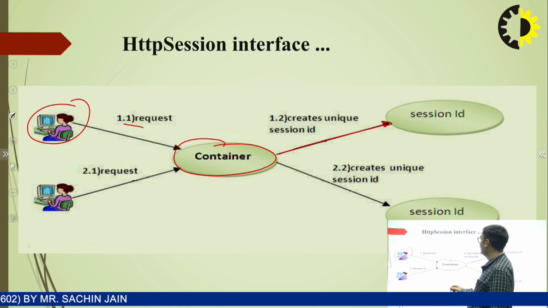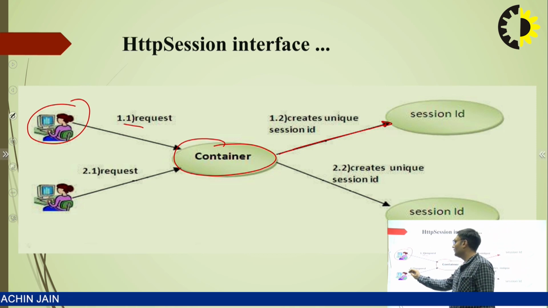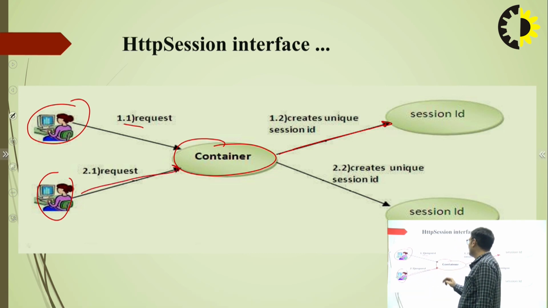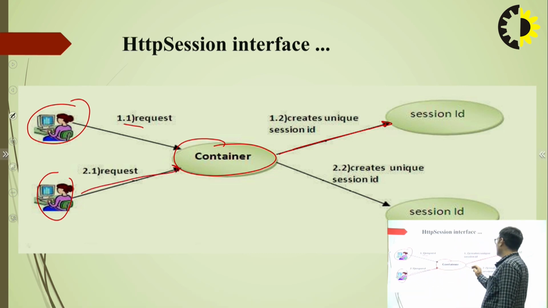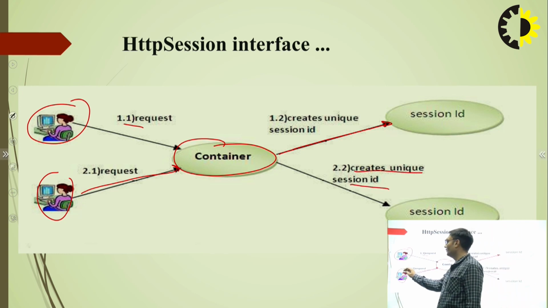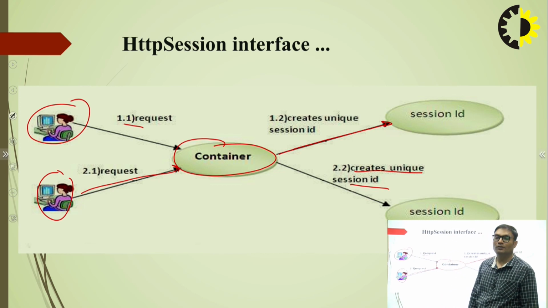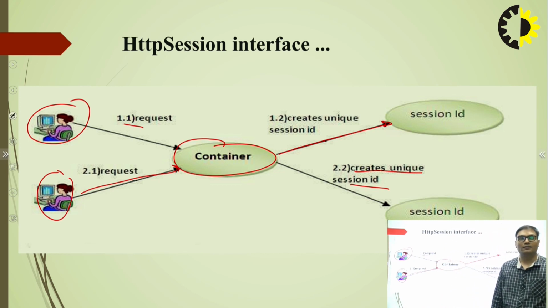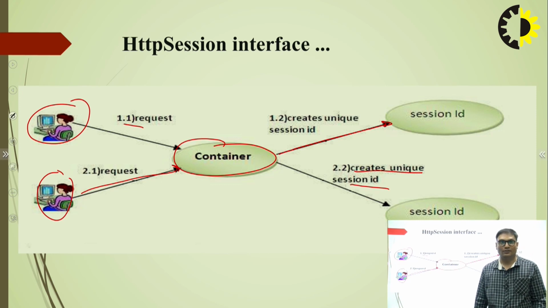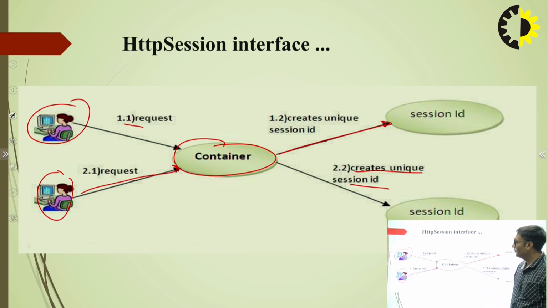And if another user makes a request, this request goes to the container, and the container again will create a unique session ID for this user. So each user has a unique session ID, which is used to know about the session for a particular user.